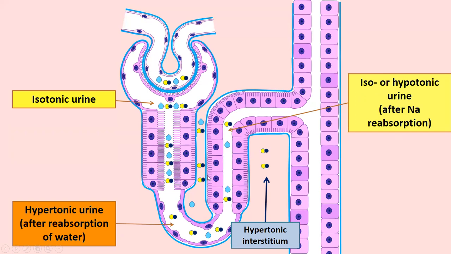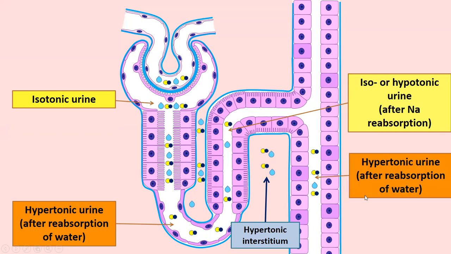And after that, isotonic or hypotonic urine goes to the collecting tubule, and here we have again the absorption of water, and it goes to the hypertonic interstitium, which attracts water, and this urine after reabsorption of water is again hypertonic.